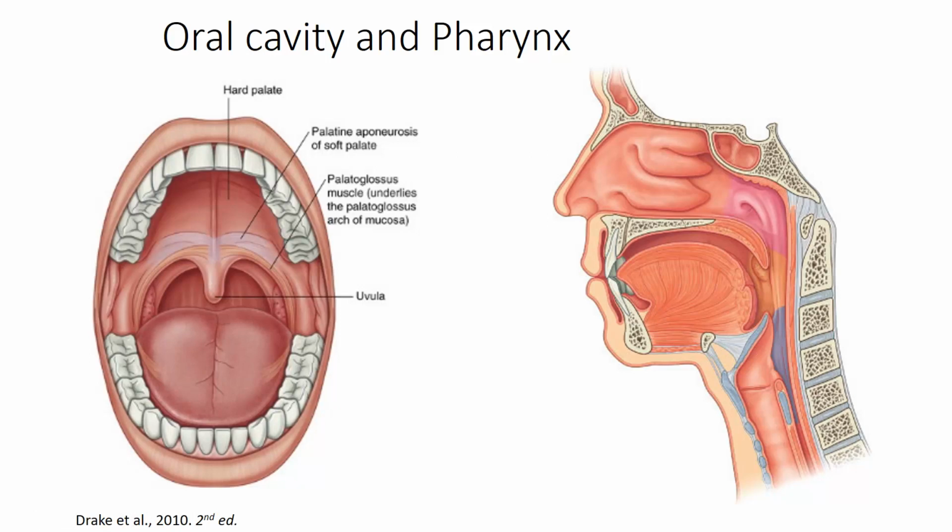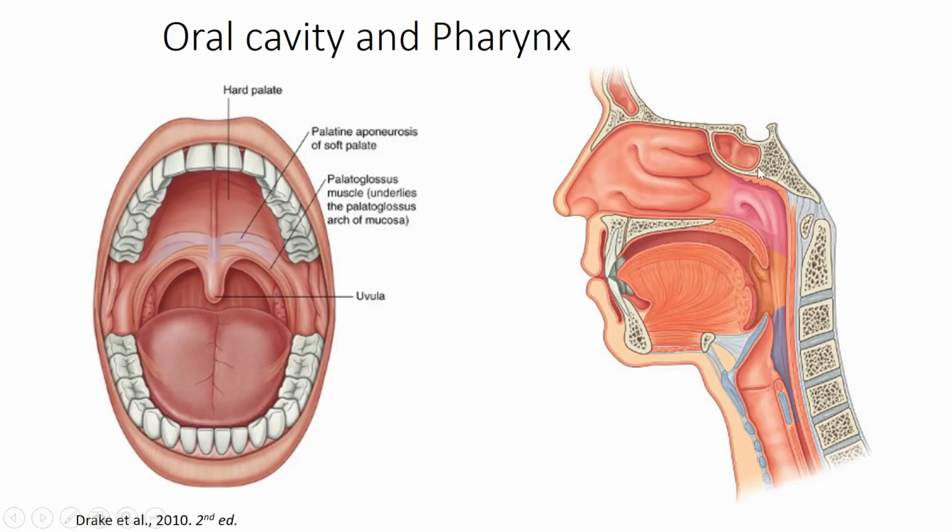And then in the posterior opening there, we will find this structure, which is the pharynx. So the pharynx is the superior part of the alimentary system posterior to the nasal, oral, and also the laryngeal cavities.